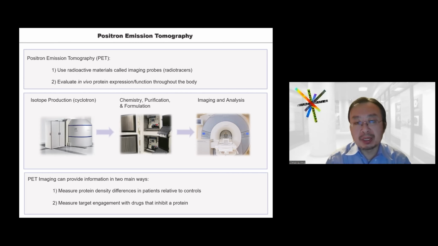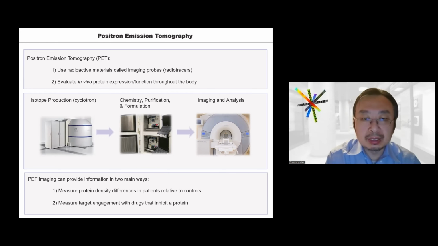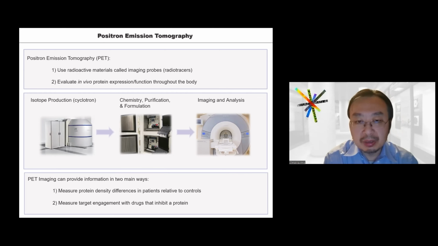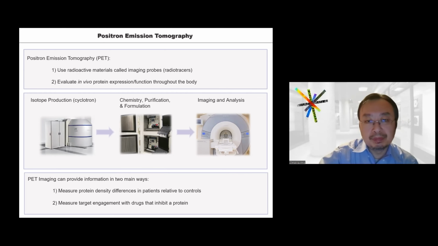If we have a PET imaging probe for the same target as the drug, then after a certain time of injection we can see how much drug stays in the region of interest in the brain or in other organs, for example heart or spleen, whatever organs you want to see. That can be used as guidance for drug dose selection or for selecting patients for a clinical trial.